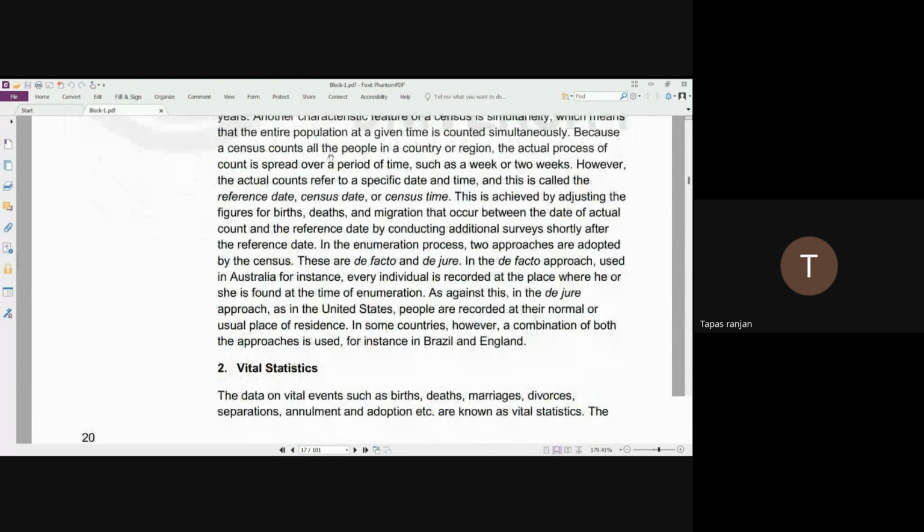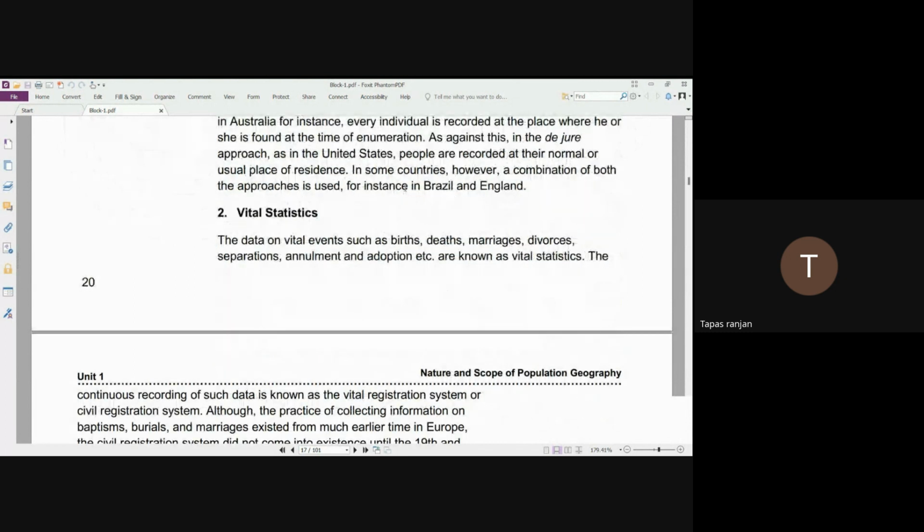Okay, then vital statistics are basically the data about births and deaths mostly. In India, vital statistics can be found in municipalities, even in hospitals, where birth certificates and death certificates are given. So all these are your vital statistics, which give you data about different populations.